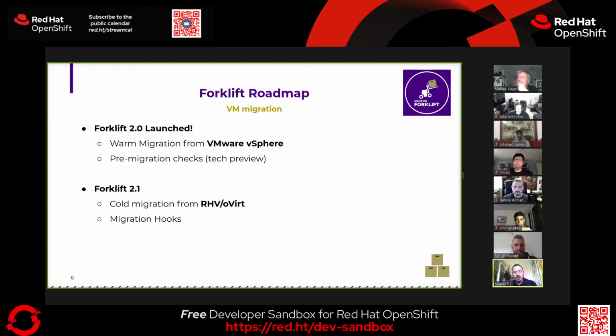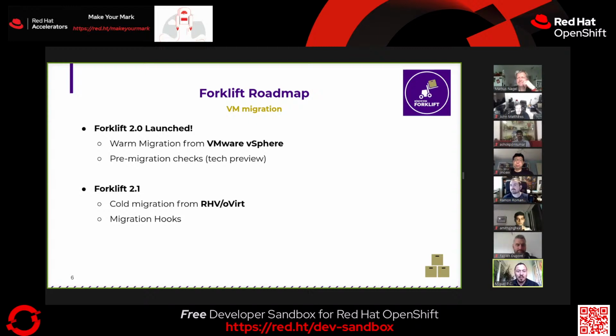So before you migrate, we check the configuration of the virtual machine in the source, things like raw device mappings, shared disks, or CPU pinnings, or other configuration that would require some manual intervention is checked, and you're being warned on it, so you could perform some tasks in order to make it migrate properly without finding the issues afterwards. We want you to know where the risks and possible issues are before you figure it out. So this is what comes with Forklift 2.0, which was launched a couple of weeks ago.